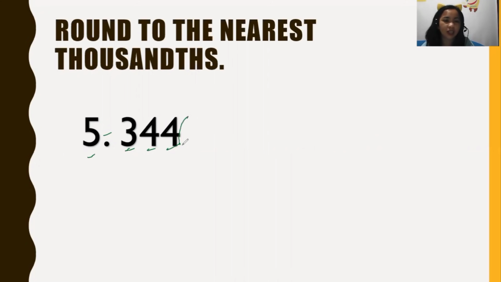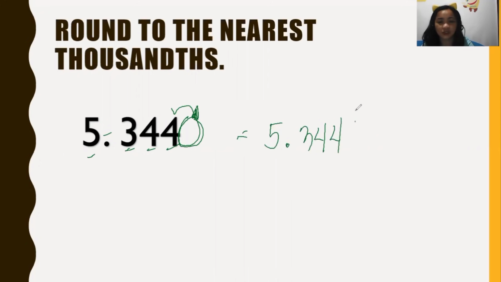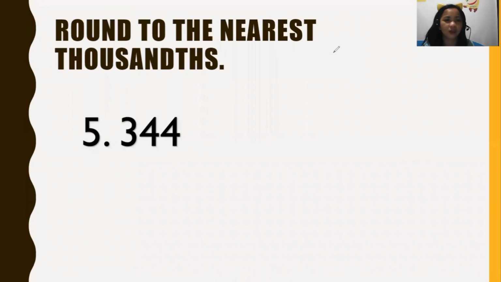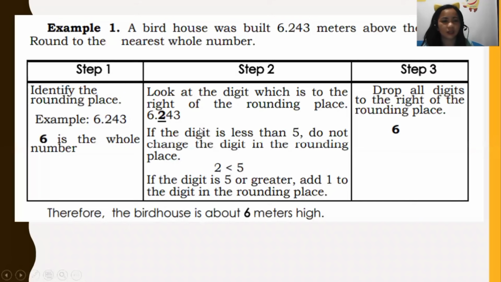So, ang imaginary nyan is 0. So, kung i-round mo siya, 0, retain pa rin siya. Ang magiging sagot pa rin is 5 and 344 thousandths pa din. So, walang pagbabago. Now, let's have the next one.